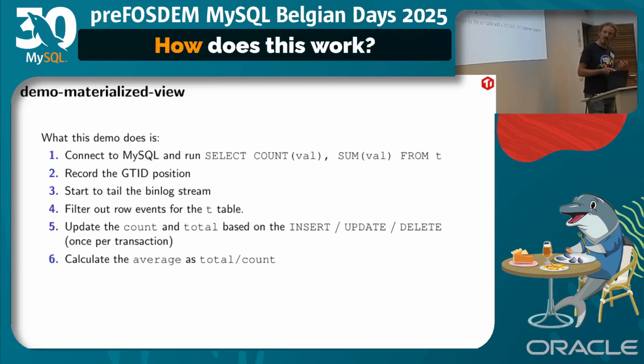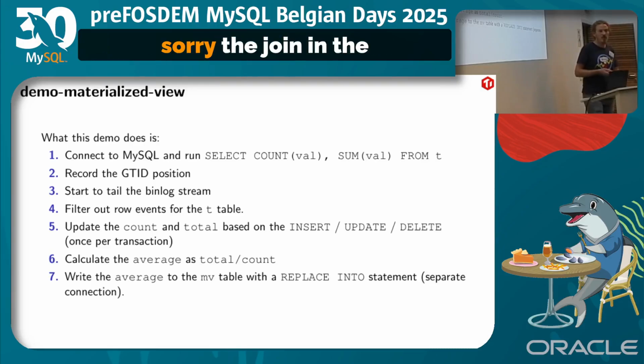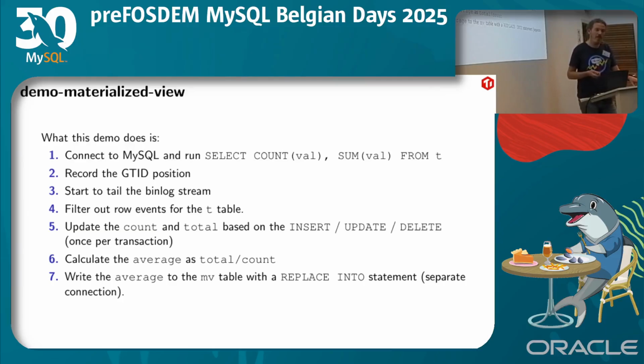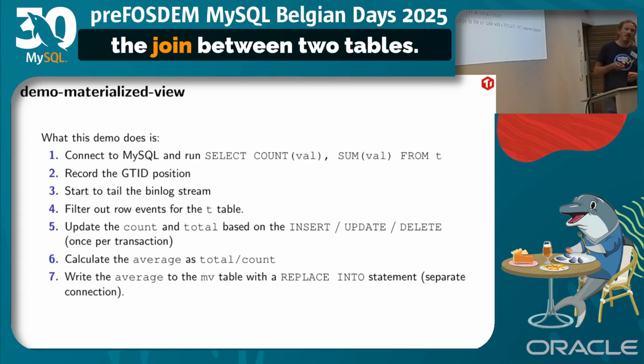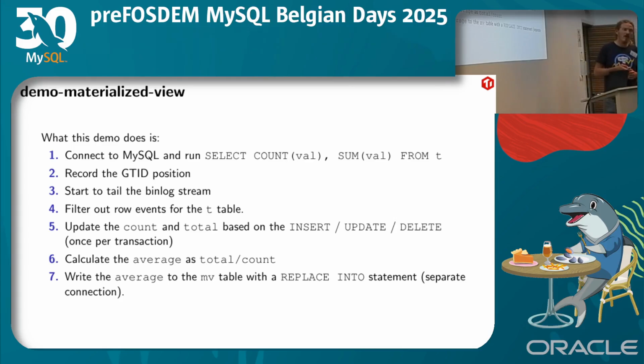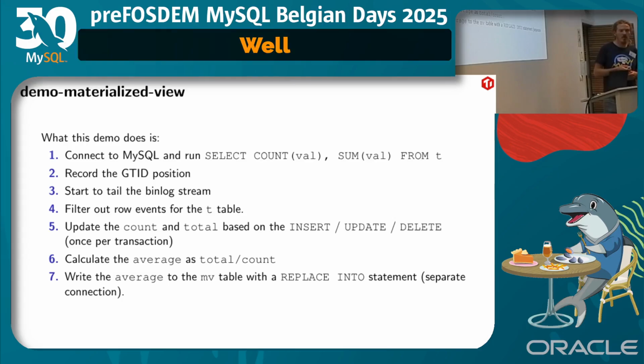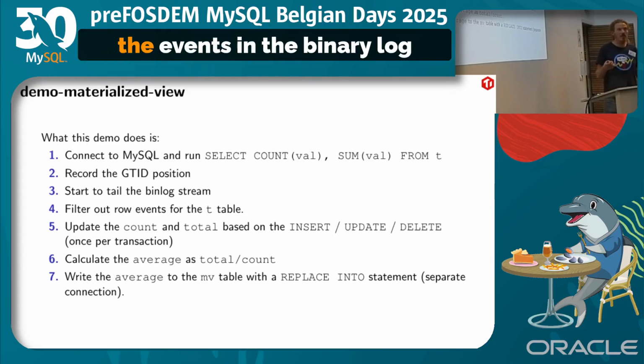How does this work if there's a join? Sorry? If there's a join in the view, T1, T2, a join between two tables? Well, the events in the binary log should not really matter much if it's a join or not.